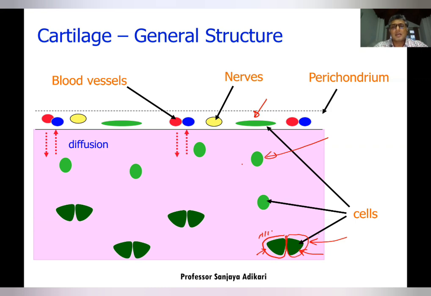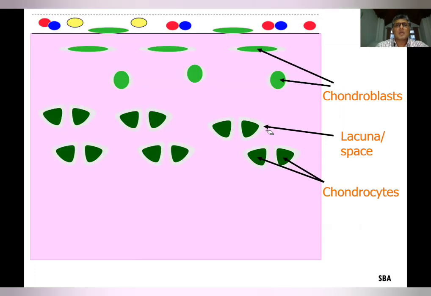I'll show you the names later. In other words, when the cells mature and you go into the deep parts of the cartilage, they are trapped in the extracellular material, and they live inside the lacunar spaces. You can see the terms here. These are lacunar spaces, and the chondrocytes are found inside them, surrounded by the ground substance and the fibers. The more immature ones are called chondroblasts. They lie more towards the perichondrium outside.